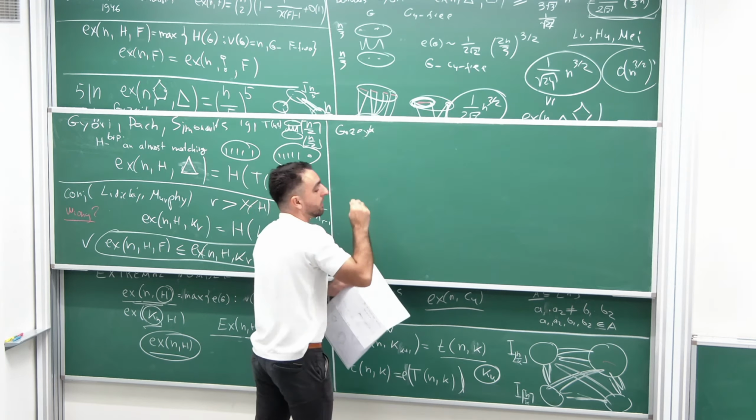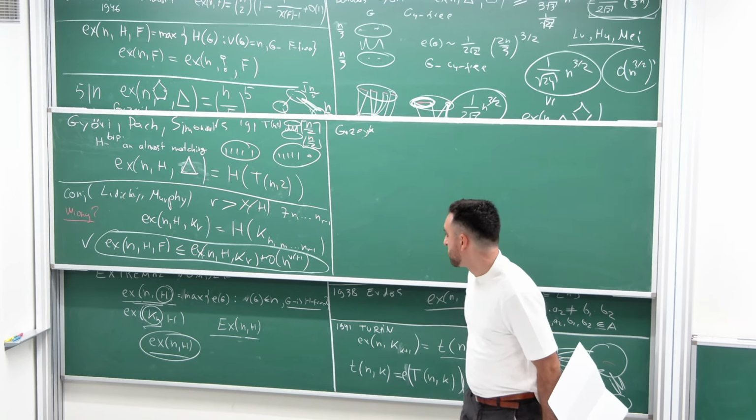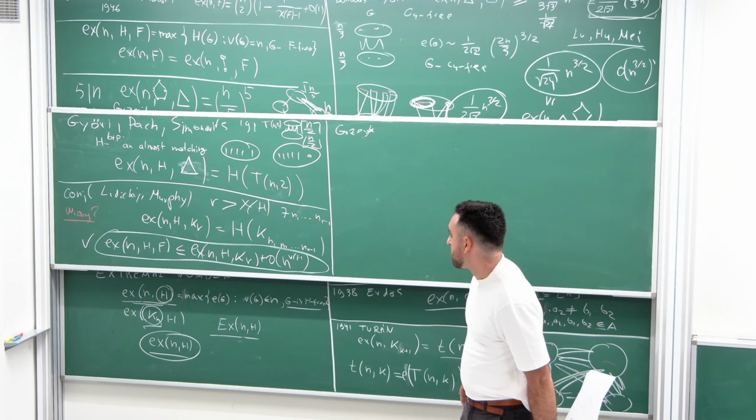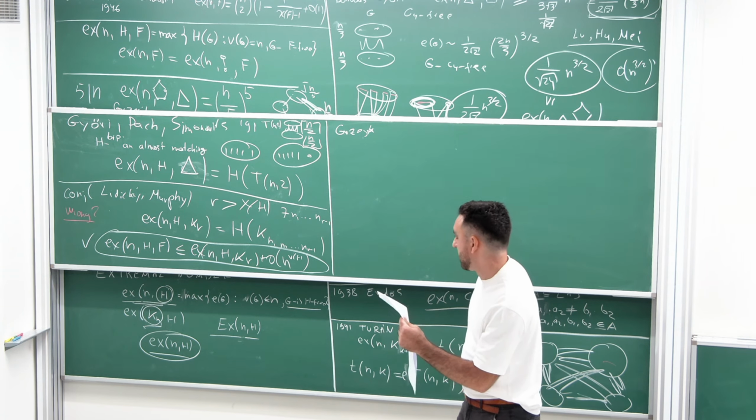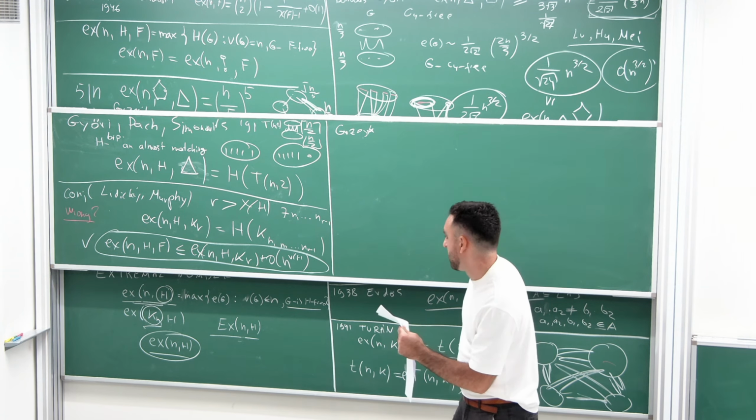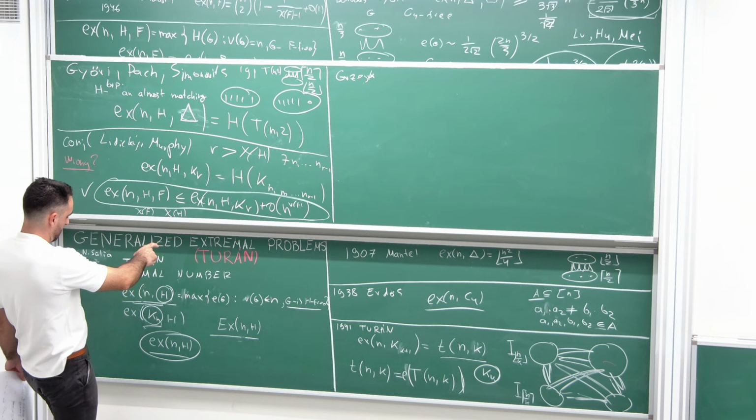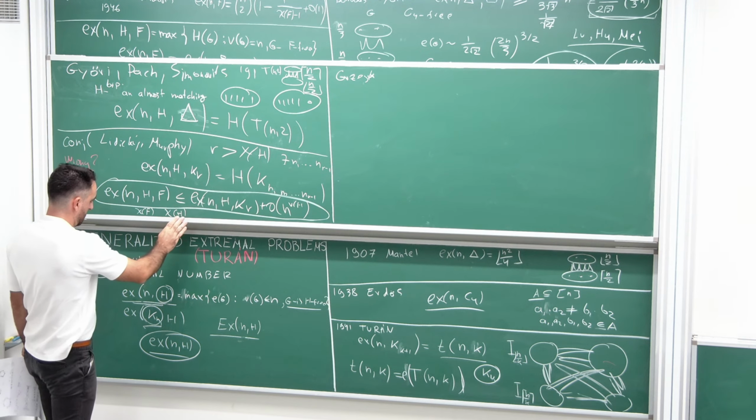Sorry, when the thing that you wrote, F can be any graph? Is that what you mean? Just below. Yes, the chromatic number of F and the chromatic number of H. Probably you mean the chromatic number of F equals R, right?